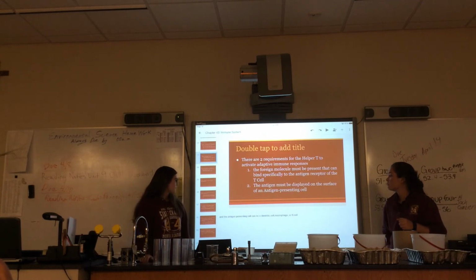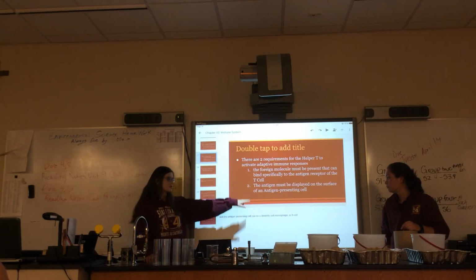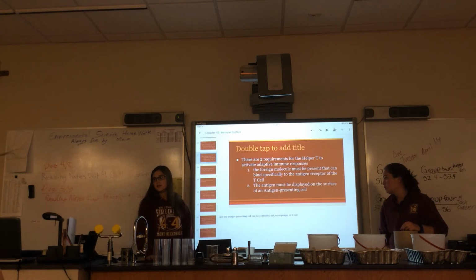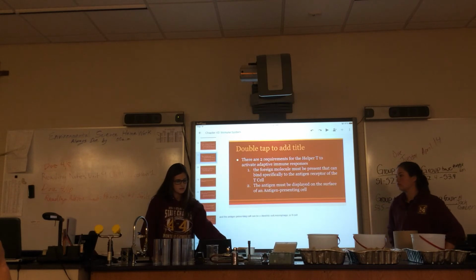The second part is that the antigen must be displayed on the surface of an antigen presenting cell, which can be a dendritic cell, a macrophage, or a B cell. The antigen presenting cell plays a big role in the responses for the rest of this section.